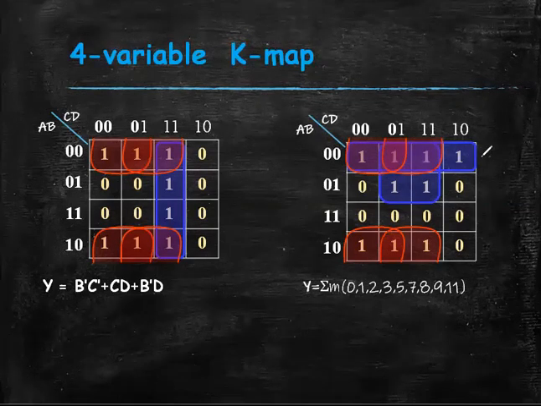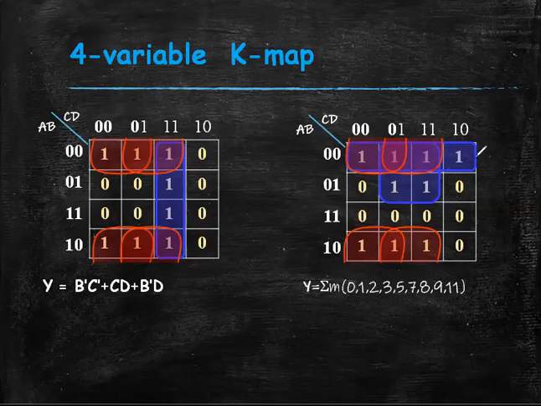Okay, for the first quad it must be equal to A bar B bar. Look at here, when we move horizontally, this quantity remains unchanged, A bar B bar unchanged. Then look at the blue square.